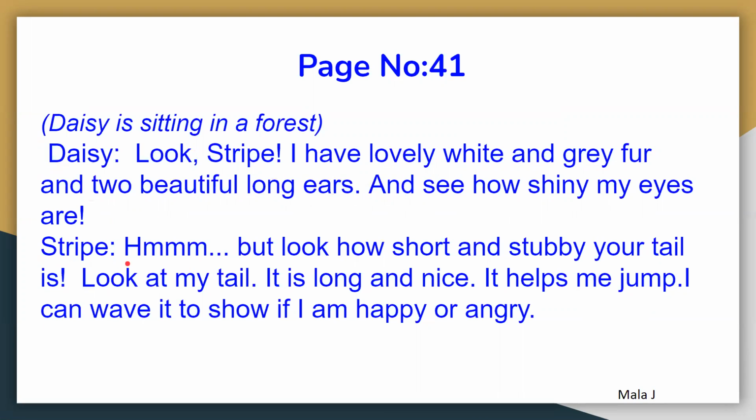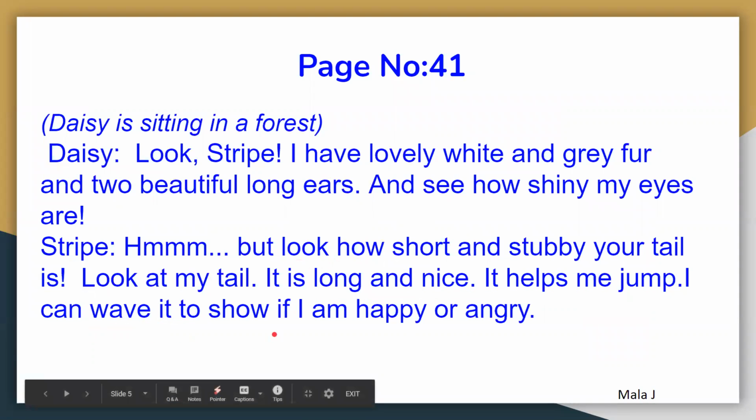Stripe says, "But look how short and stubby your tail is. Look at my tail. It is long and nice. It helps me jump. I can wave it to show if I'm happy or angry."